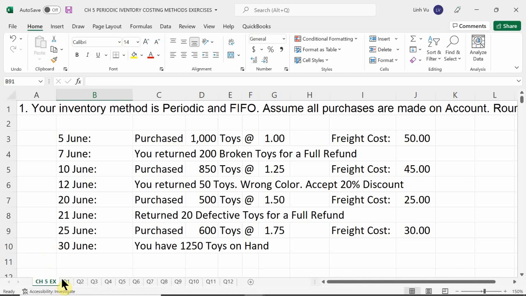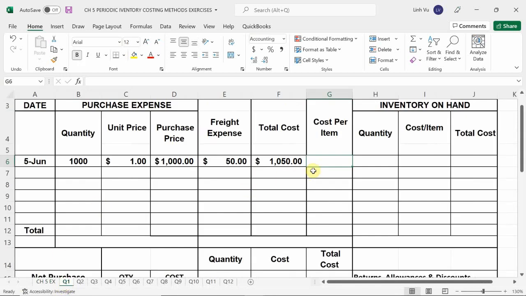Okay, so in this case, question number 1, what is my cost per item? So 1050 divided by 1,000. $1.05. Good. Okay. So that was our very first purchase.